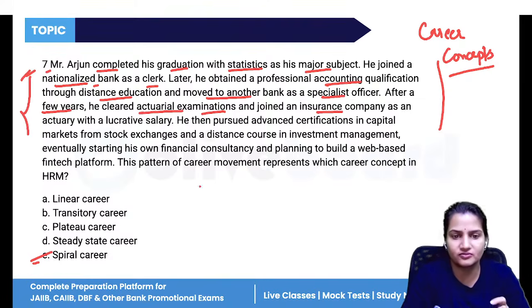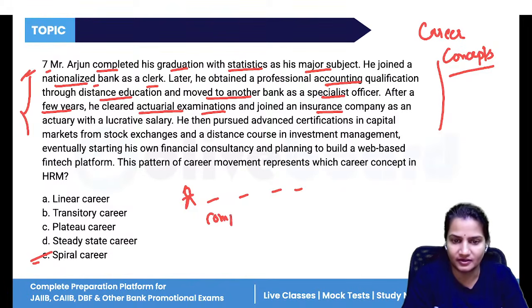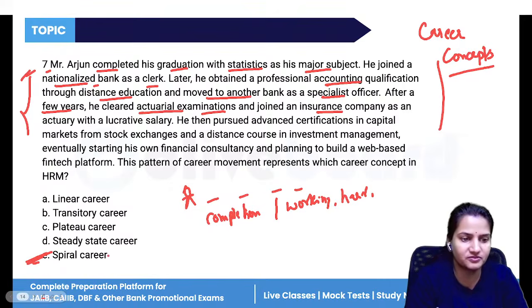So you can see from this question that one person is switching jobs, but before switching the job he has done tremendous work in his field. He is switching with the completion of all targets, working hard in the previous job, and only then switching. So this is a type of spiral career.